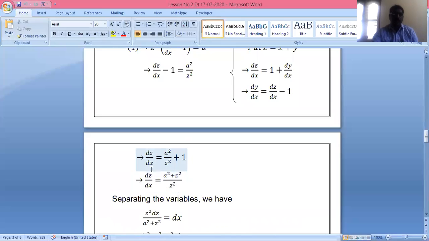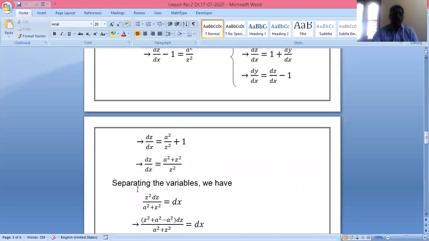That implies dz/dx = a²/z² + 1. That implies dz/dx = (a² + z²)/z².